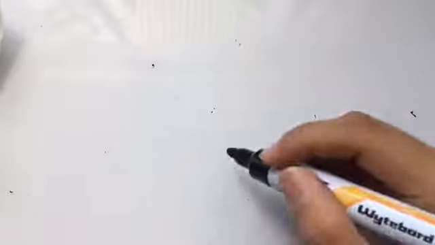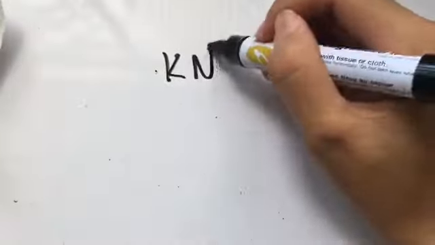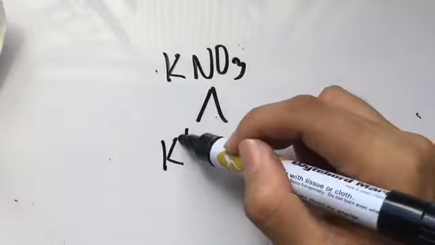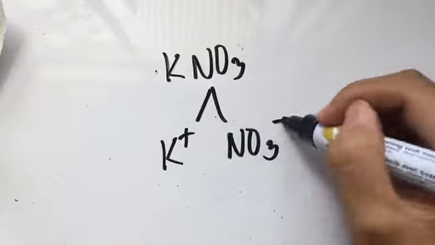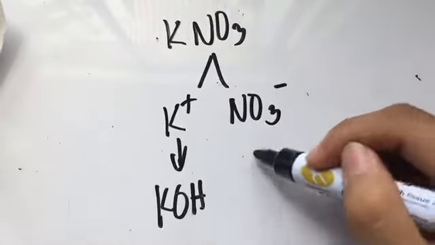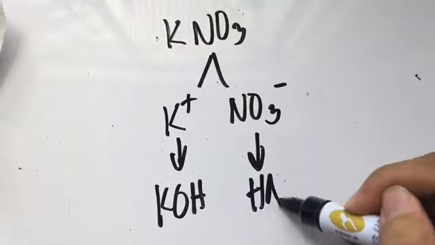Okay. Next one is we have here potassium nitrate. Okay? Potassium nitrate can dissociate into potassium ion and a nitrate ion. And we all know that this came from potassium hydroxide and this came from nitric acid.